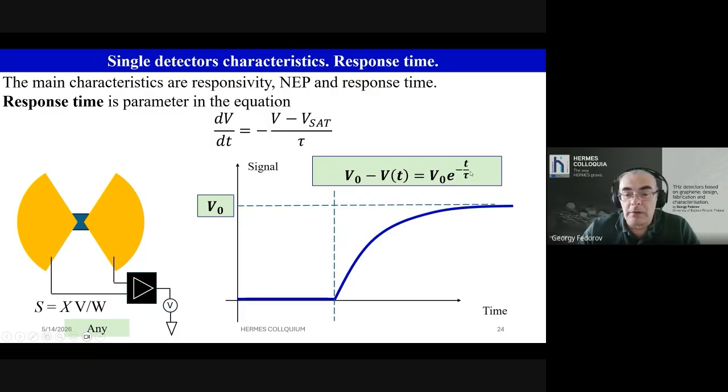And this dependence is defined by one single parameter that has a unit of time, measured in seconds or maybe femtoseconds. Nevertheless, it is the characteristic time of this system.